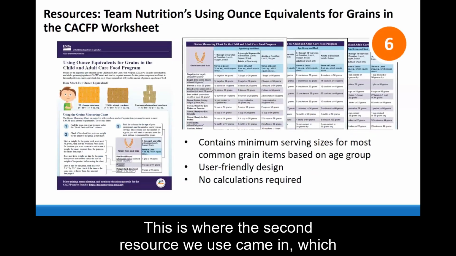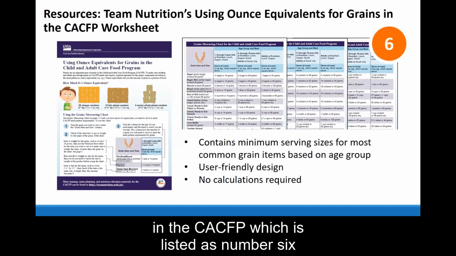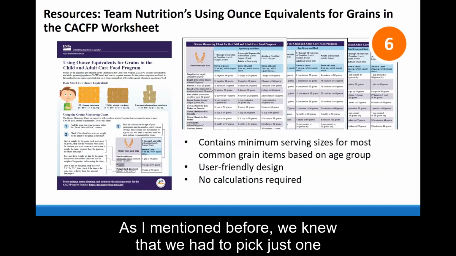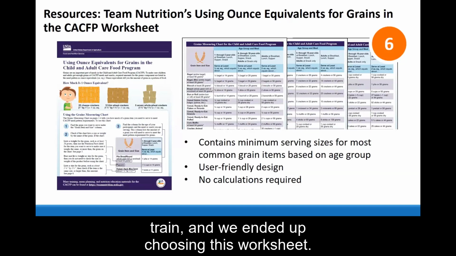And this is where the second resource we used came in, which was Team Nutrition's Using Ounce Equivalents for Grains in the CACFP, which is listed as number 6 on the confirmation and reminder emails. As I mentioned before, we knew that we had to pick just one Team Nutrition handout given the amount of time we had to train, and we ended up choosing this worksheet.